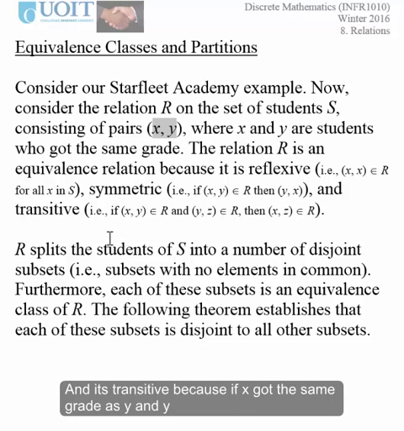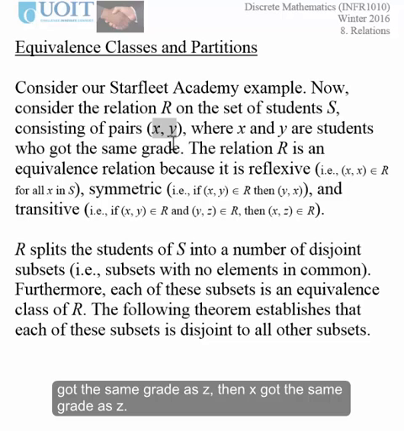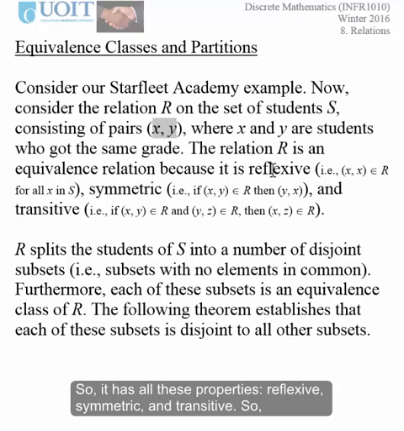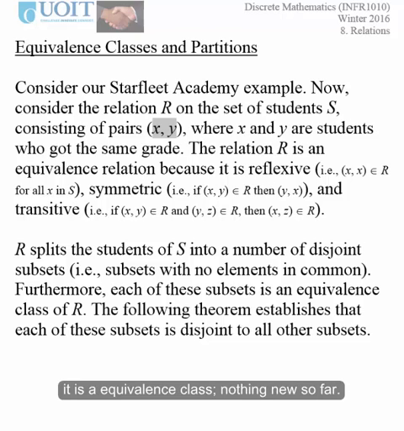And it's transitive because if X got the same grade as Y and Y got the same grade as Z, then X got the same grade as Z. So it has all these properties: reflexive, symmetric, and transitive. So it is an equivalence relation. Okay, nothing new so far.